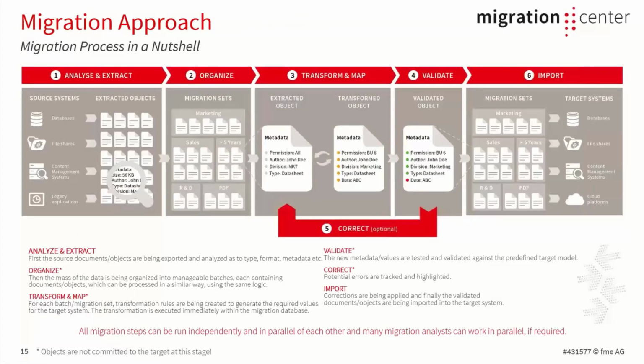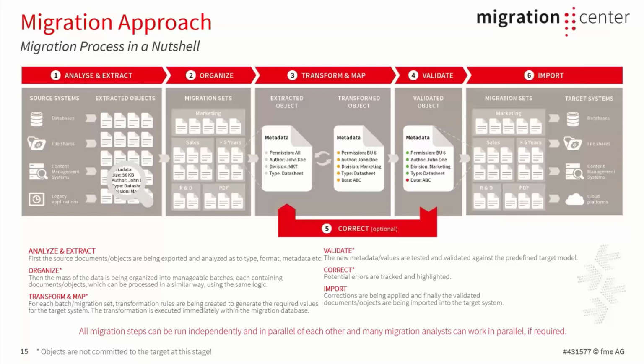And then we have what I said, step by step, or in other words, a process overview in Migration Center. It looks a little bit complex at first glance, maybe, but let me explain it to you. We divided the whole process into 6 phases. We have analyze, extract, which means the scanning, the extraction from the source system into Migration Center, and then you can analyze the data: what attributes you have, how many documents, and so on.